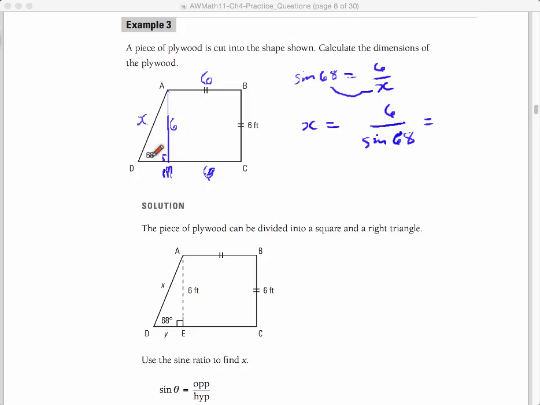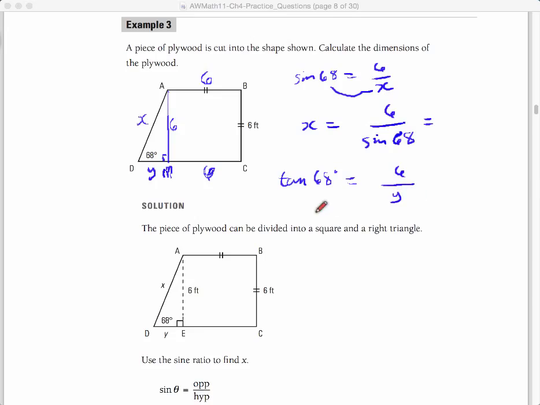The other thing we can do here is find DM. DM we can call it Y for a moment. And we know we have to involve this time the adjacent and the opposite, and opposite and adjacent is tan. So tan of our angle is going to be equal to the opposite over the adjacent.